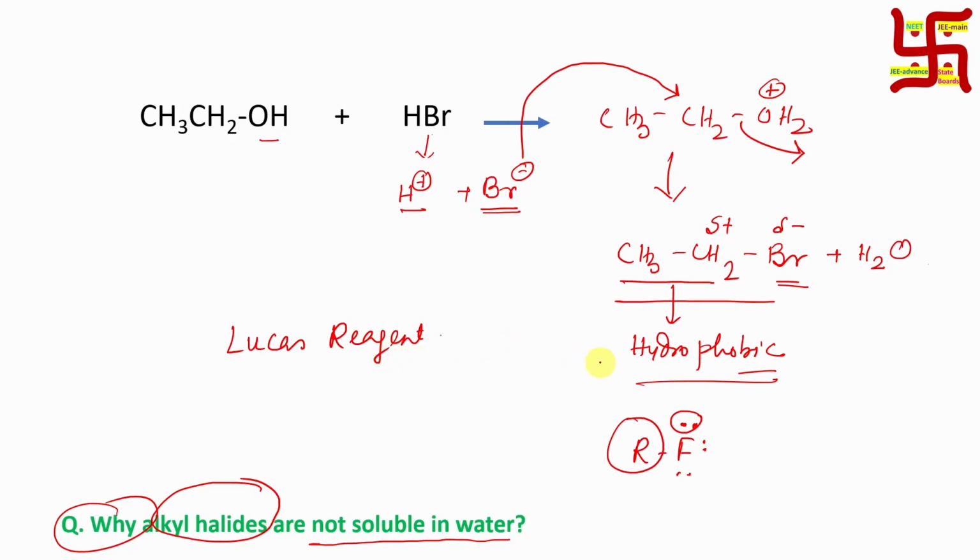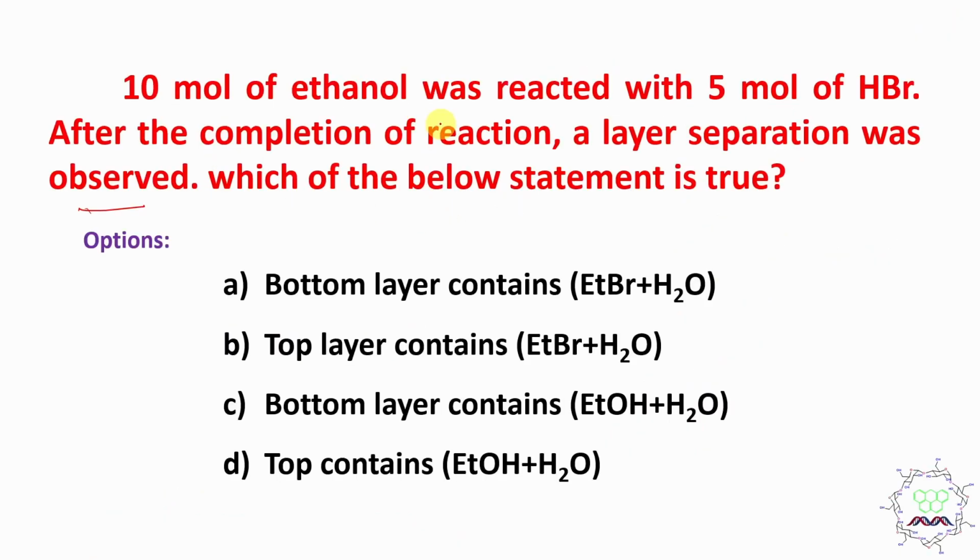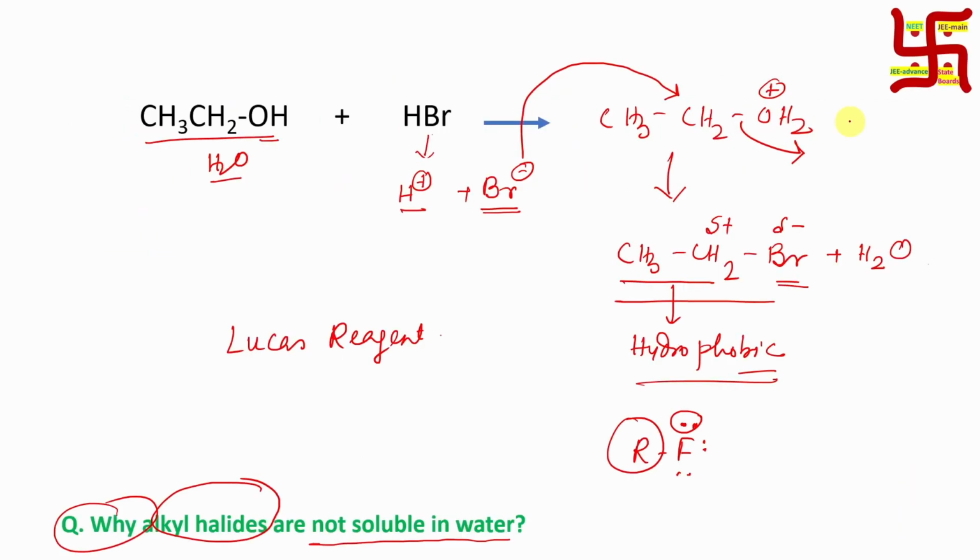In the layer separation, ethanol and water will be on one side. And if you read the question carefully, students, 10 millimole of ethanol was reacted with 5 millimole of HBr. So after the completion of the reaction, 5 millimole of ethanol still remained and 5 millimole of ethyl bromide was produced.